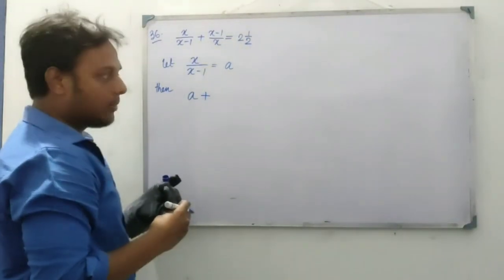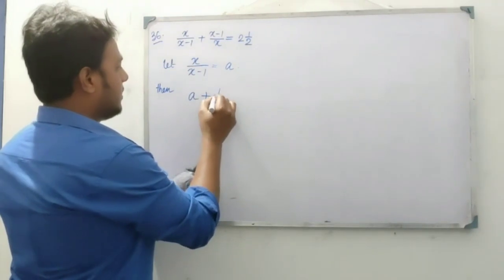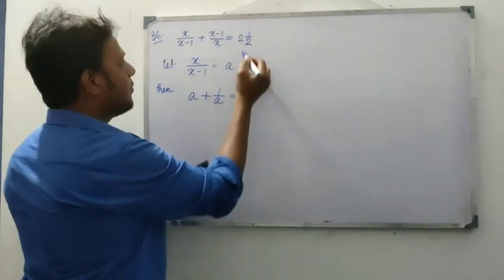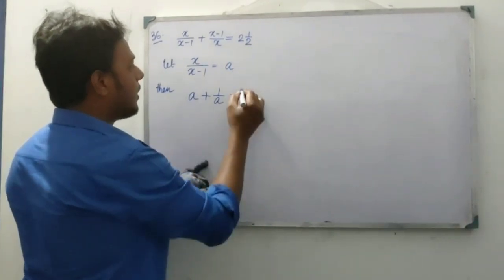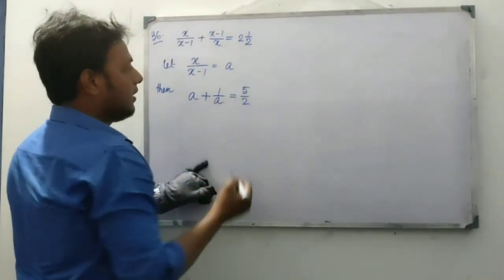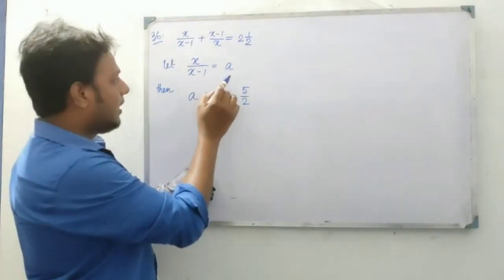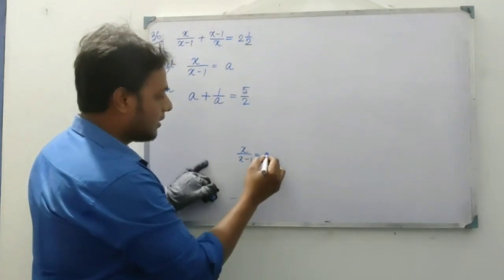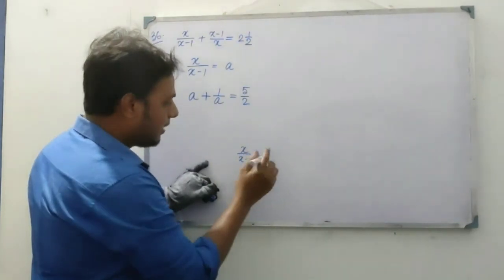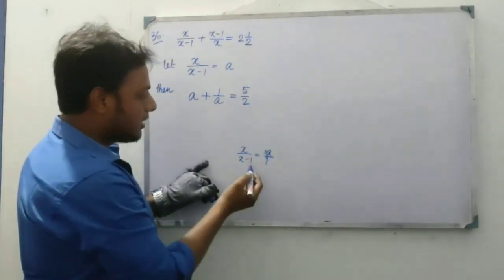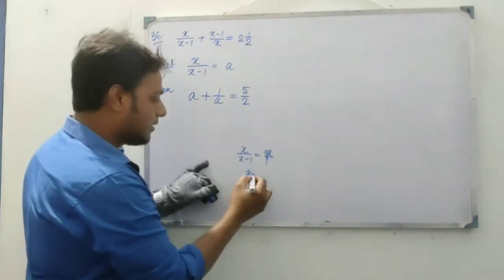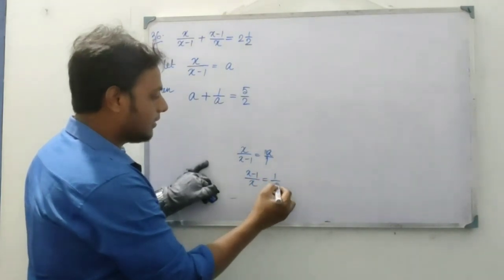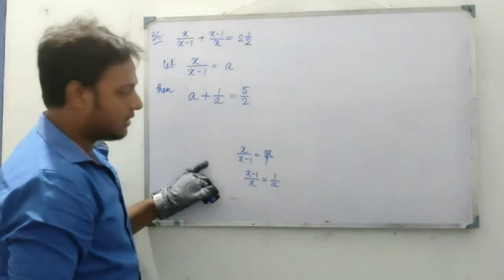So a plus 1 by a equals 5 by 2, converting the mixed fraction into an improper fraction. Did you get how it will be 1 by a? Suppose x by x minus 1 equals a, which is a by 1. Just reverse both sides. This side will be x minus 1 by x, and that side will be 1 by a. Understood?